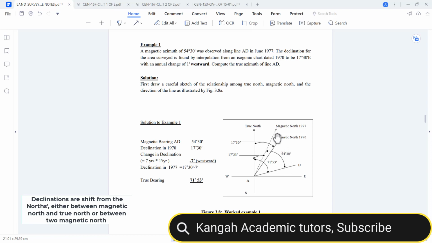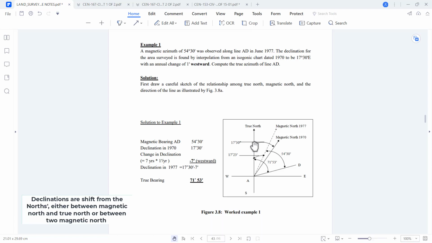So now we have deducted the 1970 from it, so it will be from 1977 to the true north. And we know the formula that the true north is equal to the magnetic bearing plus the declination if it is on the eastern side, and if it is on the western side, it is minus.